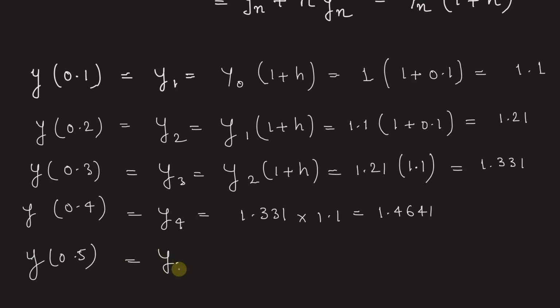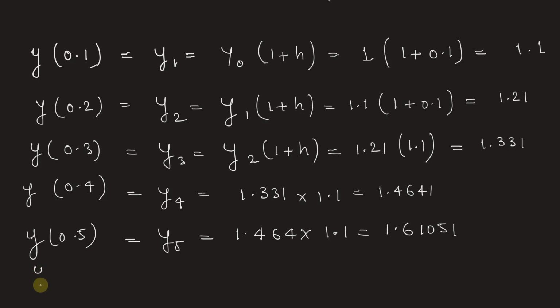Y of 0.5, that is y5, will be equal to y4 times 1.1, so 1.4641 into 1.1, this is 1.61051. Similarly, let's calculate y0.6. y6 is equal to 1.61051 times 1.1.